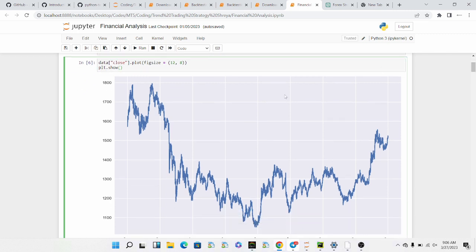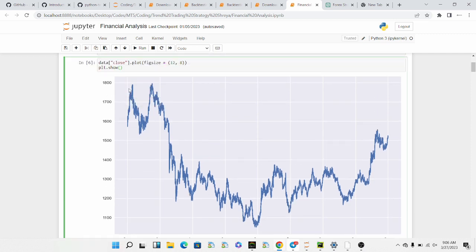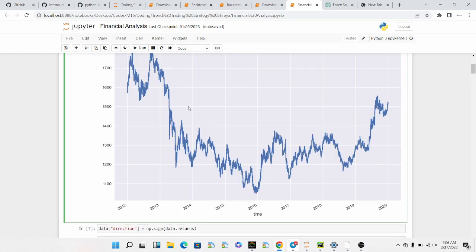You can see the plot of the close price for gold. So gold started at about 1,600 and then went down to a low of about 1,100. As at 2020 it was at 1,500.